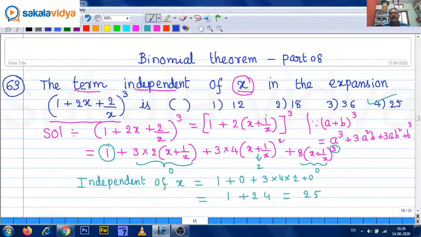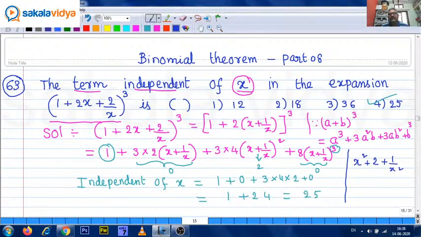Here, just I have written it in the (a + b) whole cube form: a cube plus 3a square b plus 3ab square plus b cube. Here this will be 6x + 6/x, no independent term here. Here (x + 1/x) whole square means x square plus 2 plus 1 by x square.